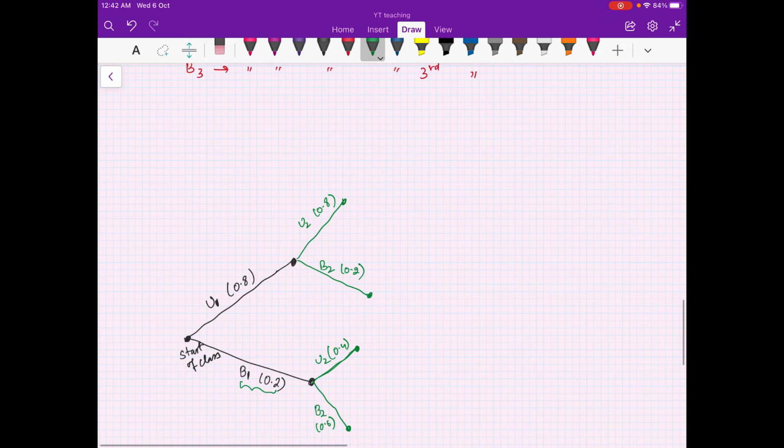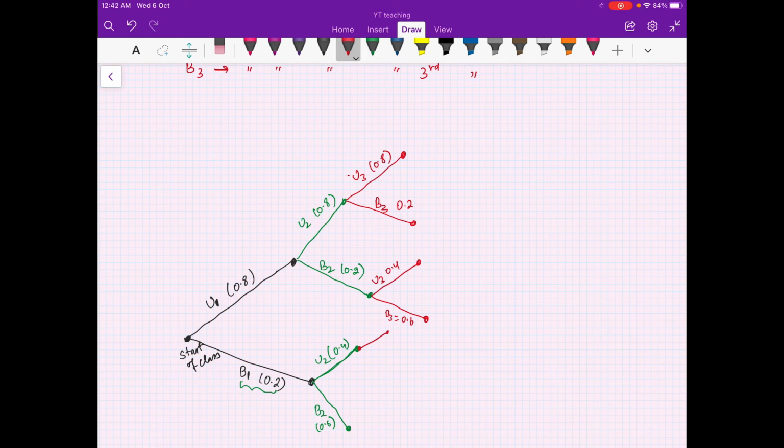Then next, in the third week, she can be up to date. The probability of U3 is 0.8 again, and she may be behind, B3, with probability 0.2. Okay. So here again she can be up to date or she can be behind. The probability that she is up to date is 0.4, and the probability that she is behind is 0.6.